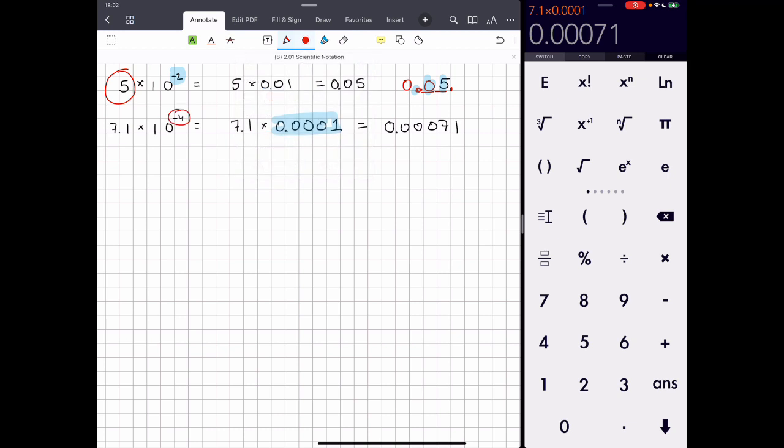The exponent of negative 4 told us that we had to take the decimal in the 7.1, and we moved it 4 times to the left to create that decimal answer in standard form. So we moved it once to get past the 7, and then 3 more times. So we can say that negative exponents work pretty much the same as positive exponents. The exponent will tell us how many times we're going to move that decimal point.